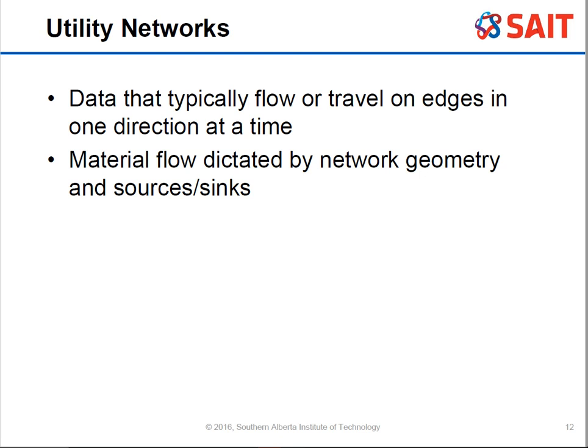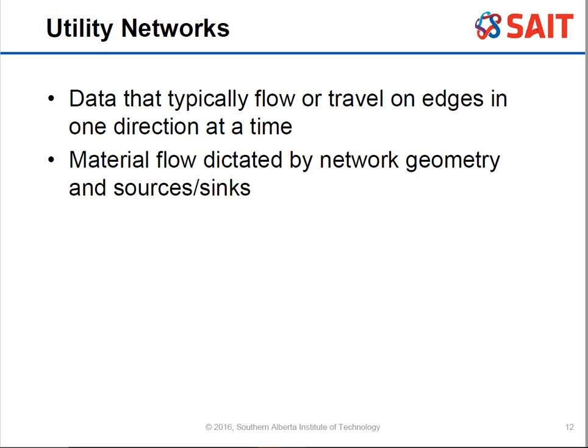Then we also have utility networks, and this one is looking at data that typically flows in one direction at a time. A really good example is one-way streets, or telecom, where it goes from the cell tower out. It's more specific to actual utilities, but that's not what utility network means.